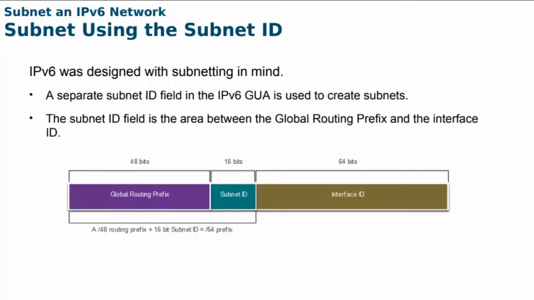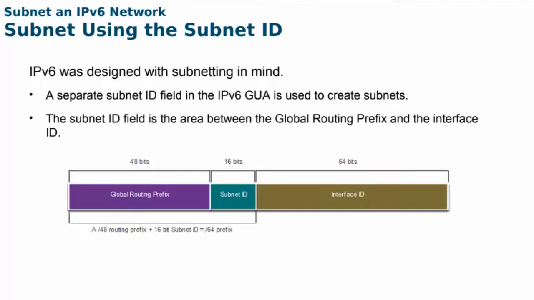Subnetting using subnet ID. When they designed IPv6, they were also thinking about subnets. So a separate subnet ID field in the IPv6 address is used to create a subnet. The subnet ID field is the area between the global routing prefix and the interface ID. We have already mentioned this before.